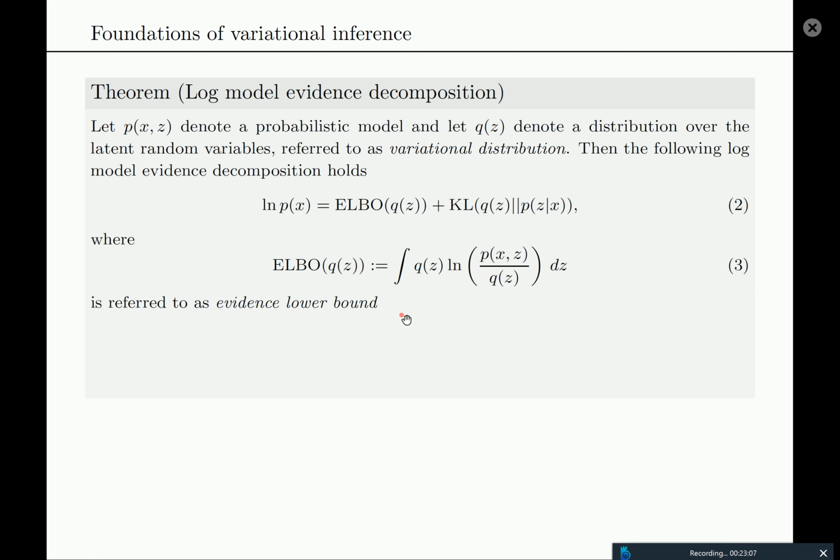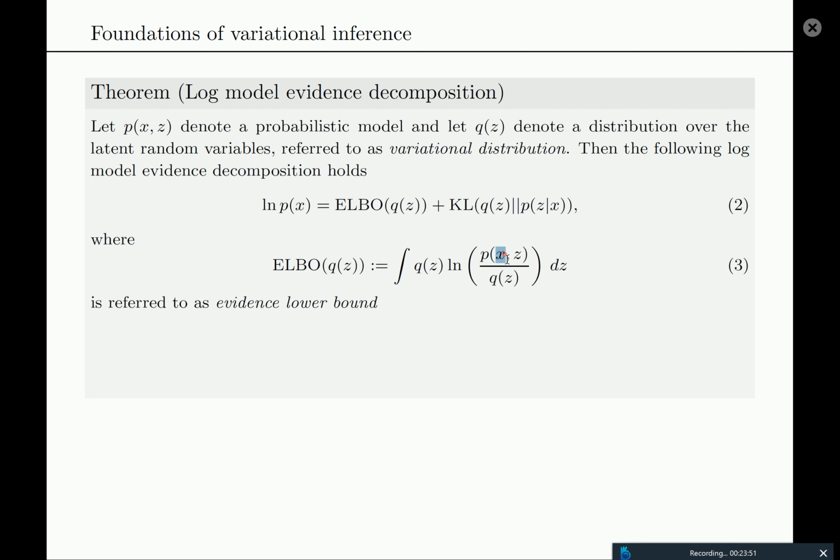Now, what are these things? The ELBO, which we view here as a function of Q(Z), is this integral. You divide the joint density that you have specified by the variational distribution, take the log, multiply with Q(Z) and integrate over Z. Note that the ELBO, if you have a specific data point, also depends on that data point.